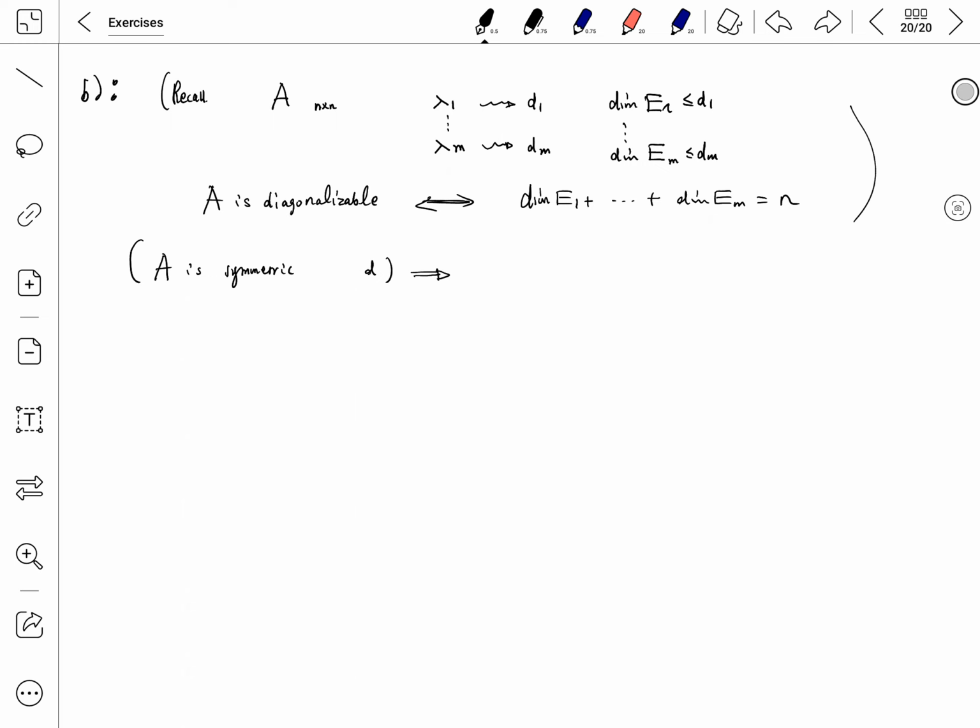So this is the case, right? It is diagonalizable. This is by what is stated there.